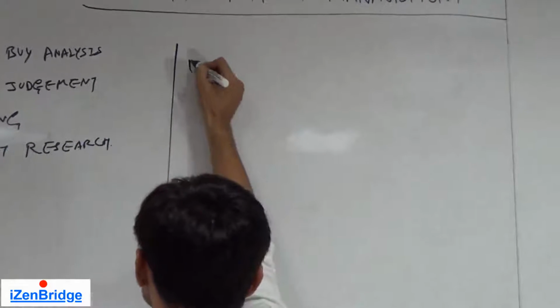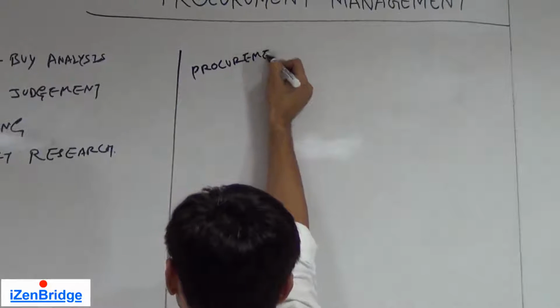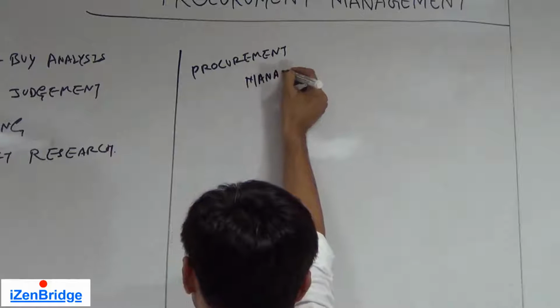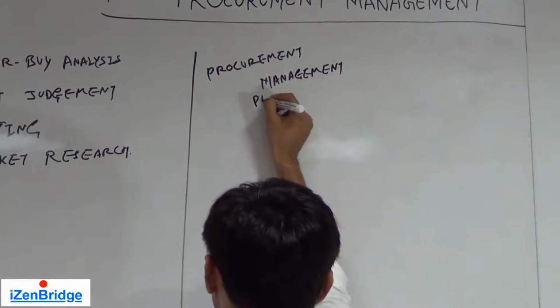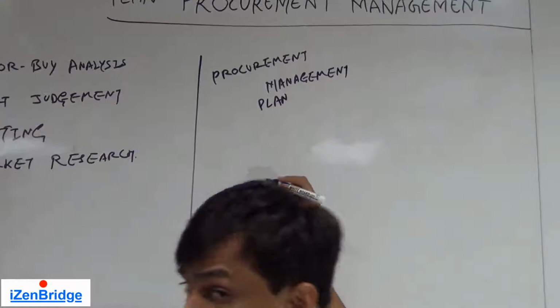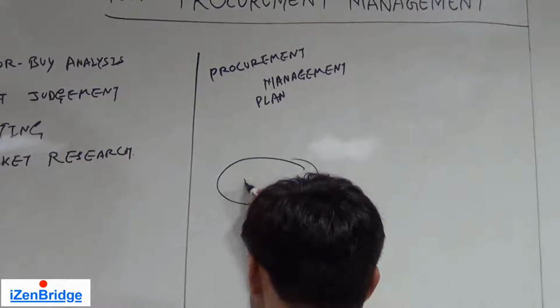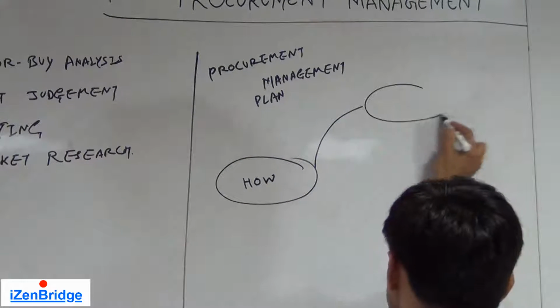The first is procurement management plan. In general, I always say that a plan tells us how we are going to execute the rest of the processes.